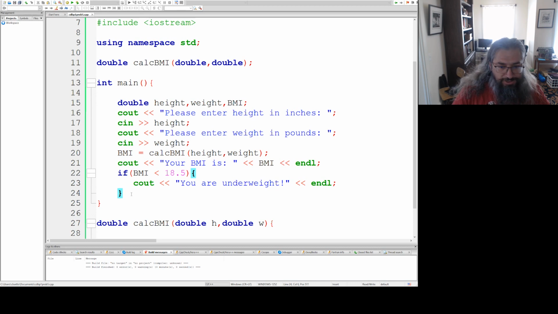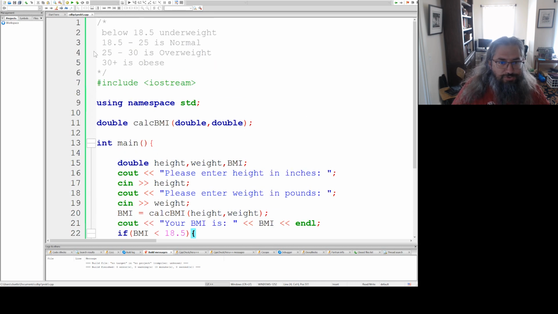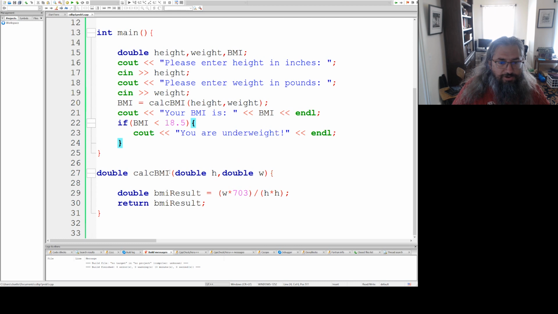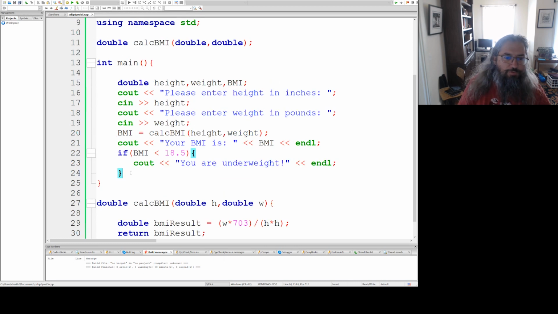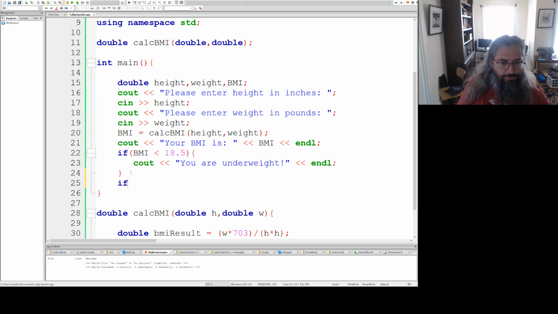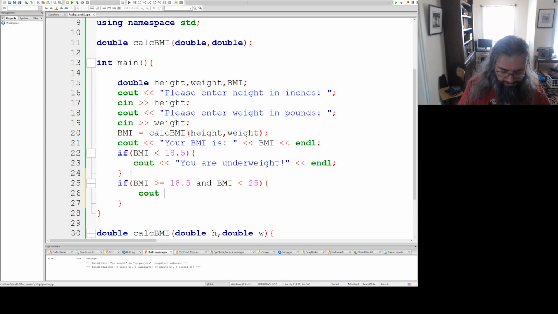So the next question is, well, how do I do this normal one? So there's two ways to do it. There's one way, which I think a lot of people want to do, which is this. If BMI is greater than or equal to 18.5 and BMI is less than 25, print out you are normal.